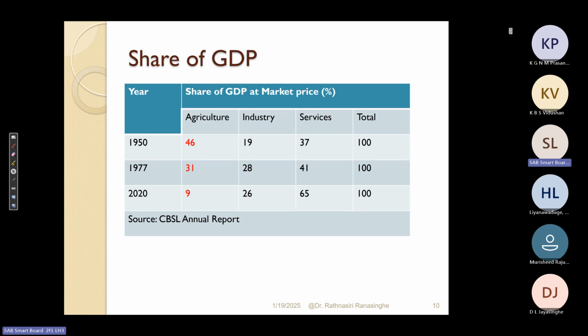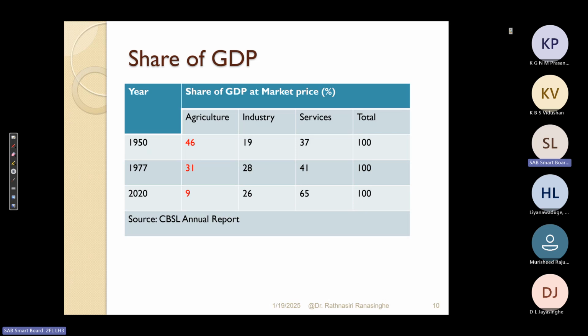Also, a serious thing is the contribution from the agriculture sector. Normally the structure should be a pyramid: the main contribution at the bottom from agriculture, the middle from industry and the service sector, because services serve industry and agriculture.